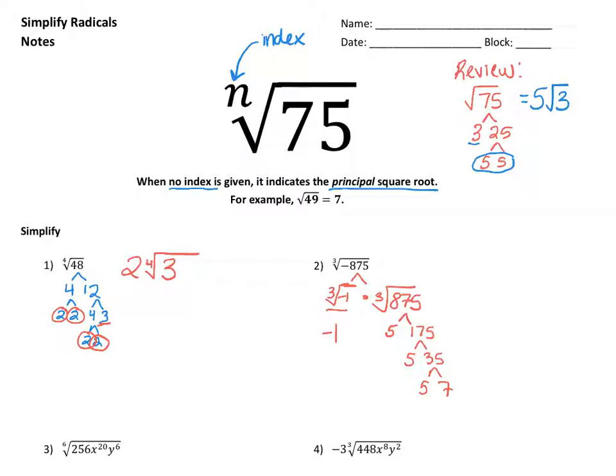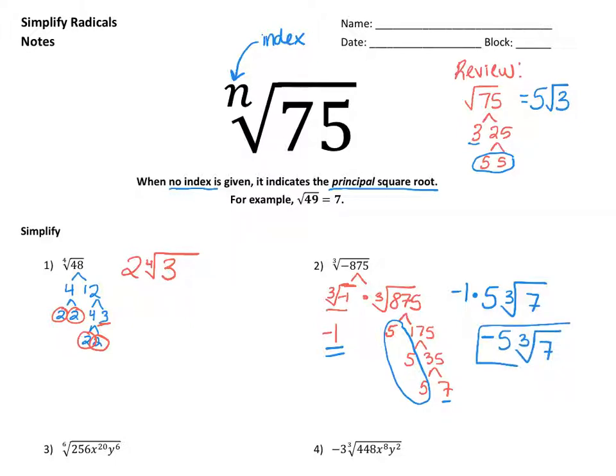That means I'm looking for a group of 3 of the same number. So I have 3 5s. That means a 5 is going to be outside the root, and the 7 is going to stay inside the cube root. But don't forget that I already pulled out a -1. So I have to do -1 times that 5. So my final answer will be -5 cube root of 7.